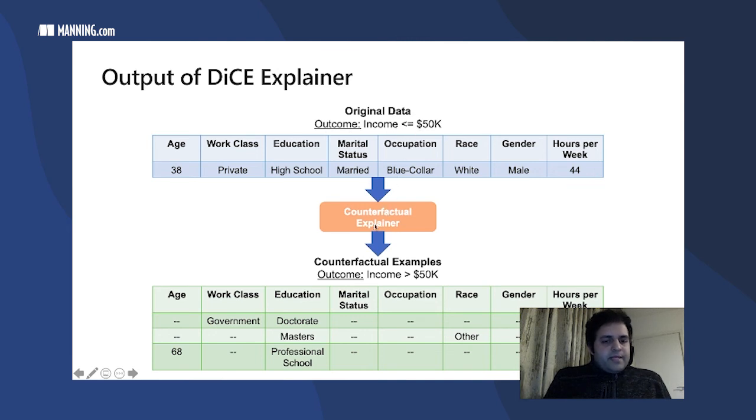The DiCE explainer essentially comes up with 3 examples here that show that if the education was either doctorate, master's, or professional school, or if the age was higher, this is something that doesn't have any bearing here. But I guess what the explainer is saying is that an adult with more experience could earn higher. But in this case, what is actually relevant is that if the education level was higher, then there's a much higher chance that the model would predict the desired outcome for that adult.